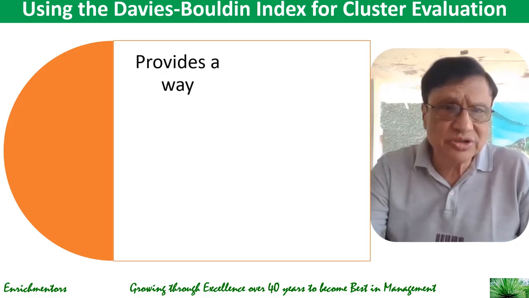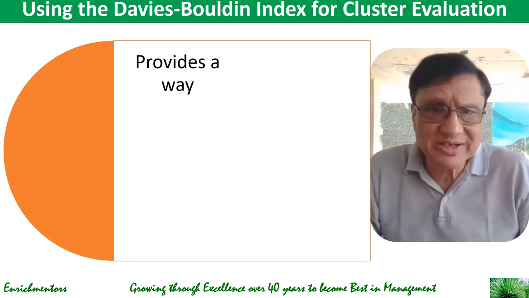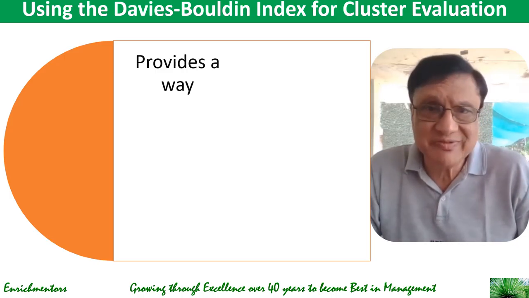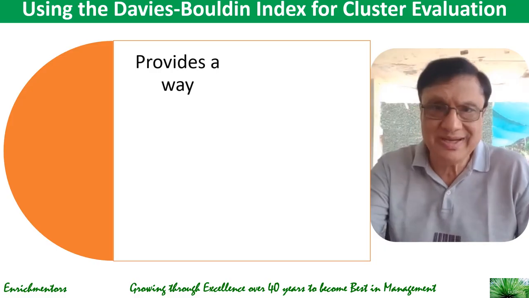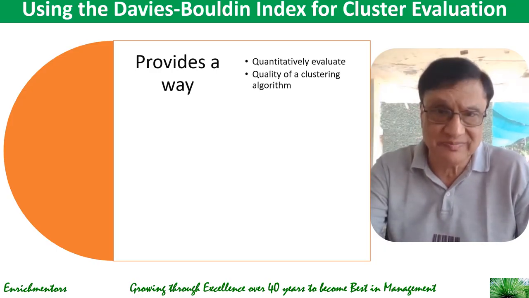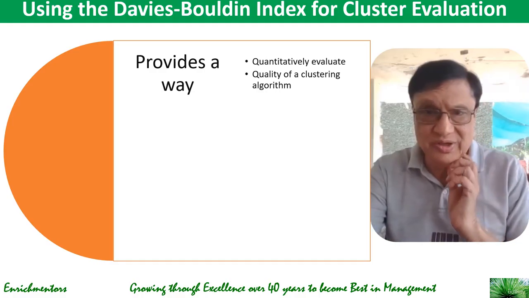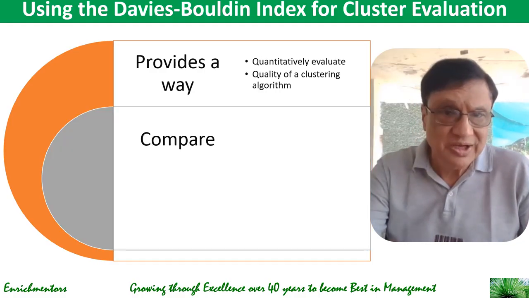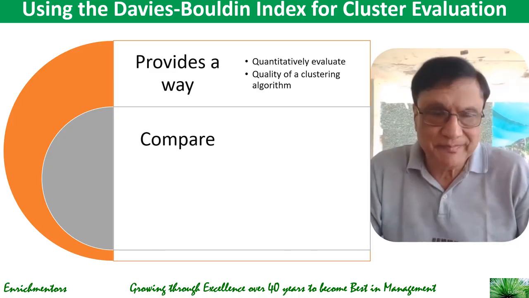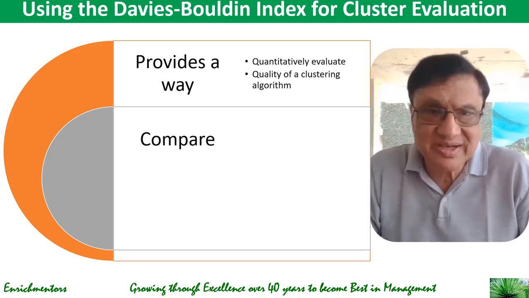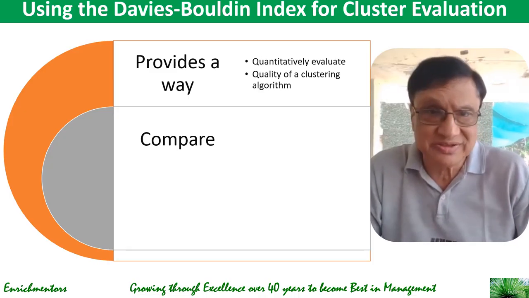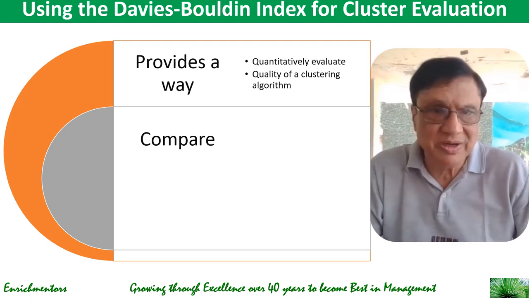Now, how can you use the Davies-Bouldin index for cluster evaluation? Like the Silhouette score, the Davies-Bouldin index provides a method to quantitatively evaluate the quality of the clustering algorithm. It can be used to compare different clustering algorithms or parameter settings of the same algorithm, and to select the optimal number of clusters.